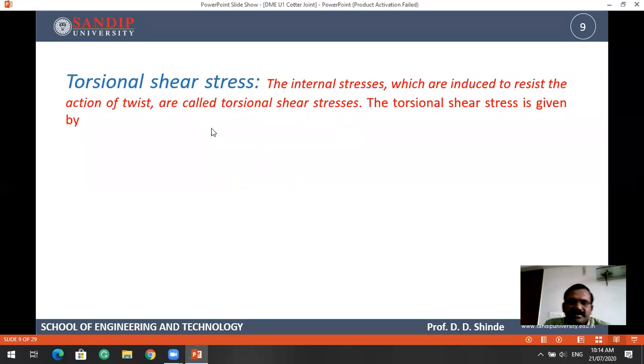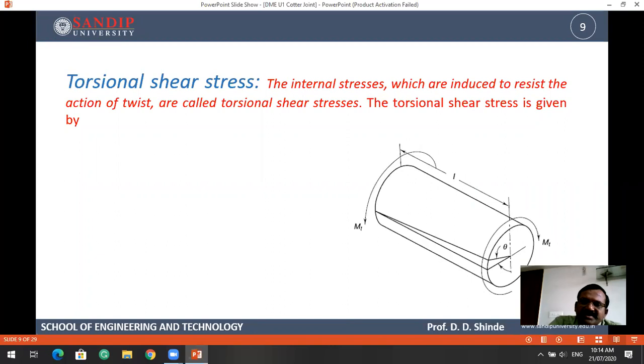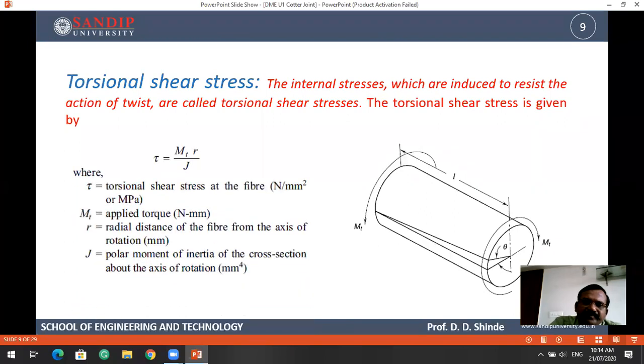Then next is torsional shear stress. The internal stresses which are induced to resist the action of twist are called torsional shear stress. The torsional shear stress is given by tau equal to Tr by J. So the torsional shear stress means what?